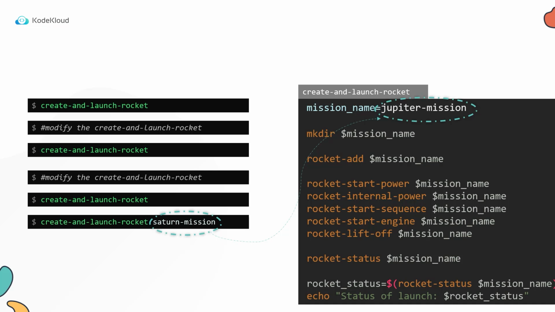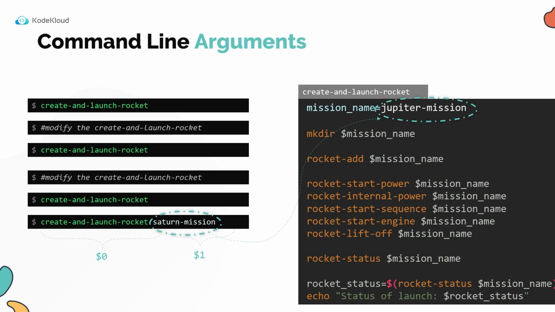The command itself, which in this case is create and launch rocket, is available at $0. The second part of the command, which is our mission name, is stored in a built-in variable named $1. And in case we had other parts for the command, it would go as $2, $3, $4, etc. These are called command line arguments.